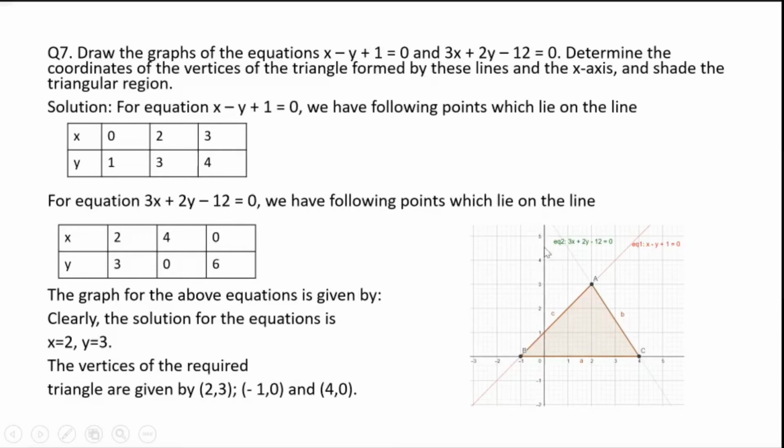Wherever it would have intersected, I would have marked that point as a required point. So the three vertices would have been this A vertex, then the B point, and then I would have found out the C point. So this is how I can find out the vertices of the triangle, and I could have found out the area then, and this would have completed the question.